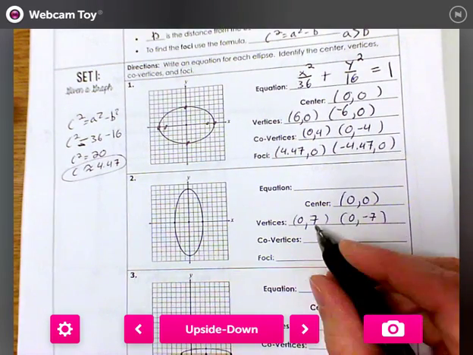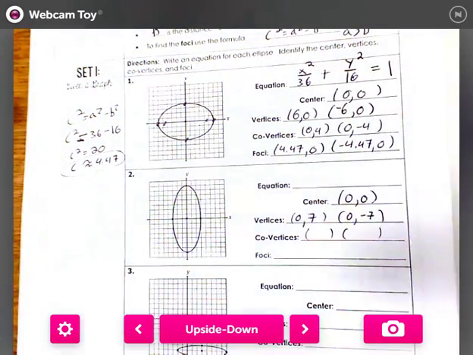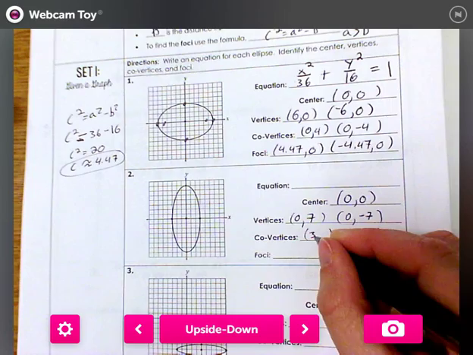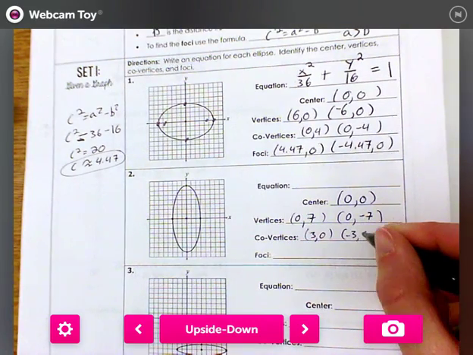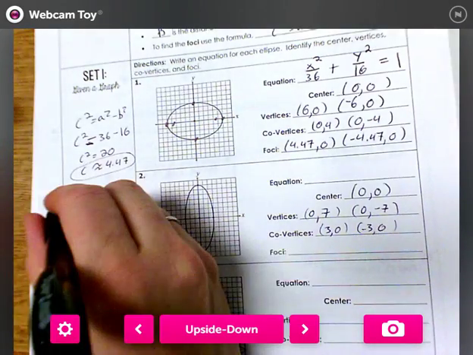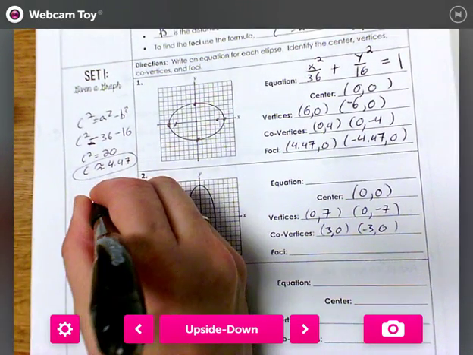Are we confused or are we okay? All right, what about my co-vertices? This is 3, 0, and negative 3, 0. So far, so good? Focus points, remember I'm going to do c squared equals a squared minus b squared.